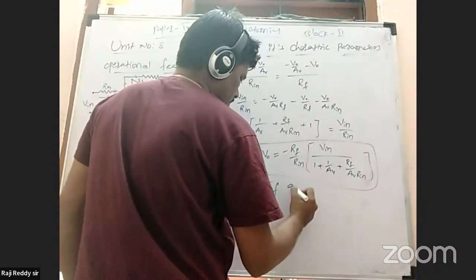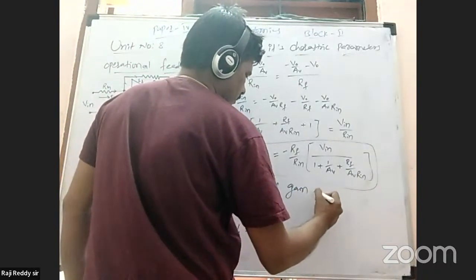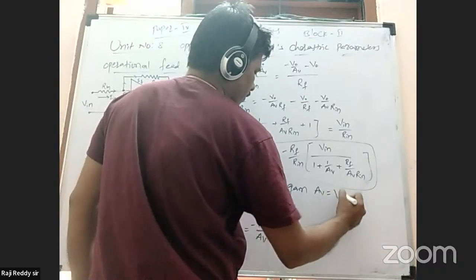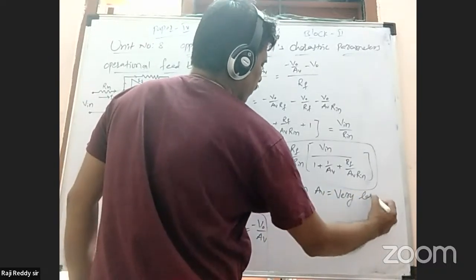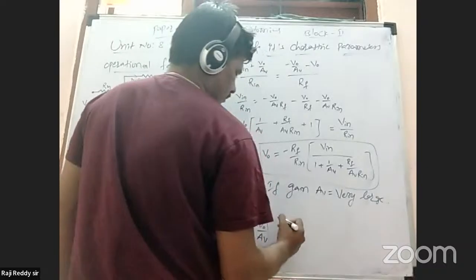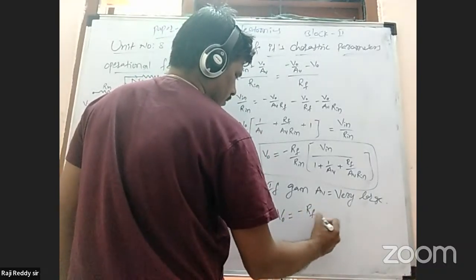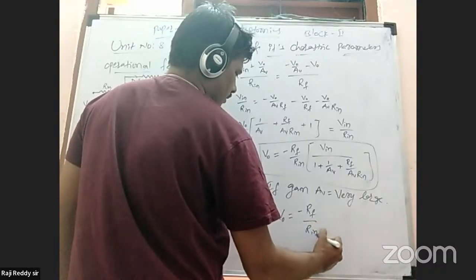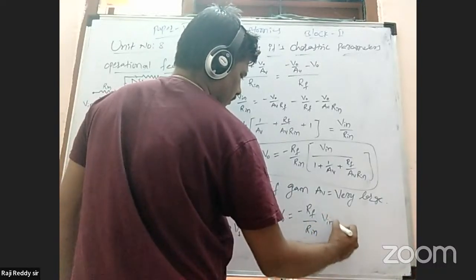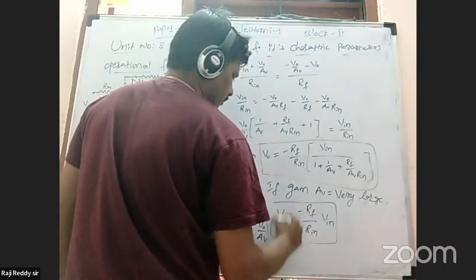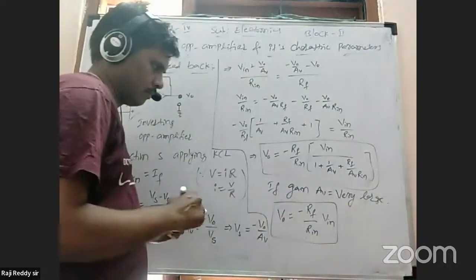If the gain AV is very large, V naught equals minus Rf by Rin into V in. Note this down.